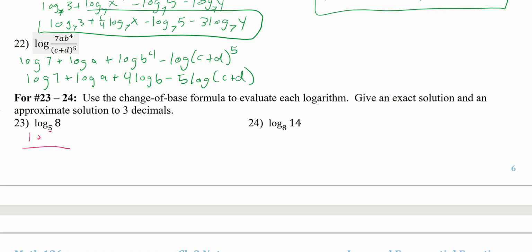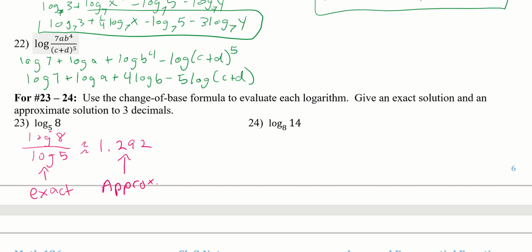So we're just going to do log of 8 over log of 5. Now this is your exact solution. Now if we plug this into your calculator, just hit log of 8, close parentheses, log of 5, close parentheses. That should come out to be something like 1.292. And that right there is your approximate.